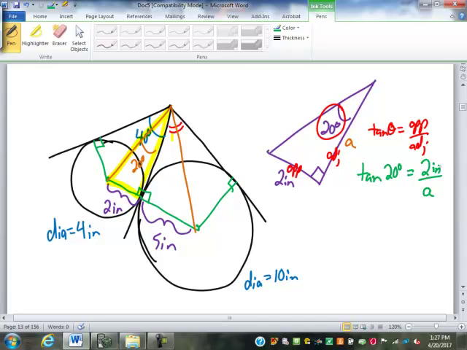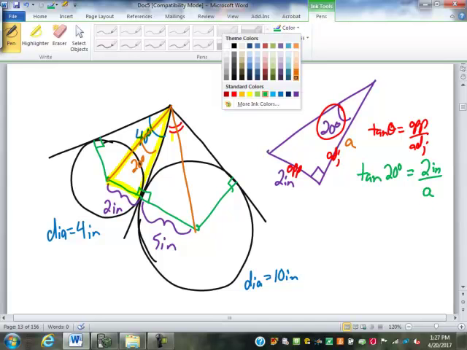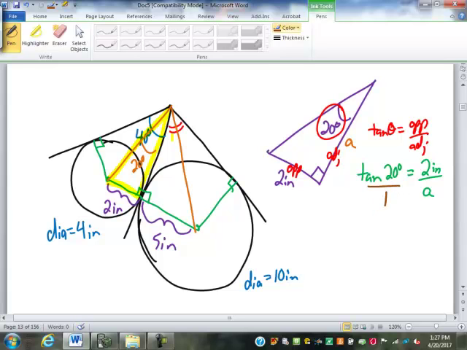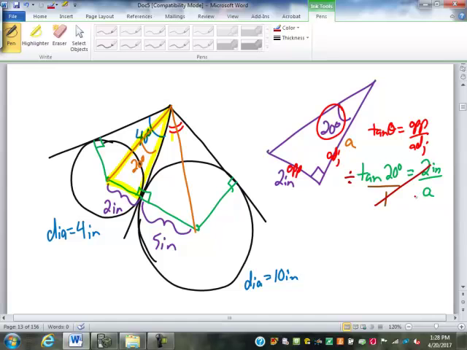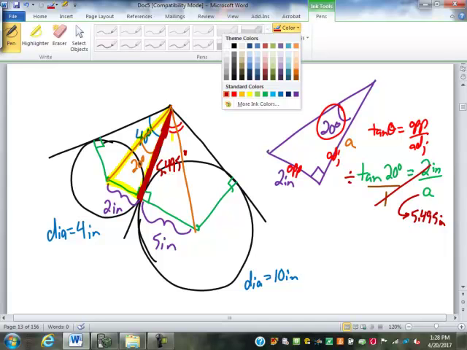No, that's side A. Better not know the adjacent side, otherwise I know everything and there's no use for the formula, right? So we cross multiply. 1 times 2 divided by the tangent of 20. We get 5.495 for A. Now remember, that is this distance right here. 5.495 inches. Does that make sense so far?